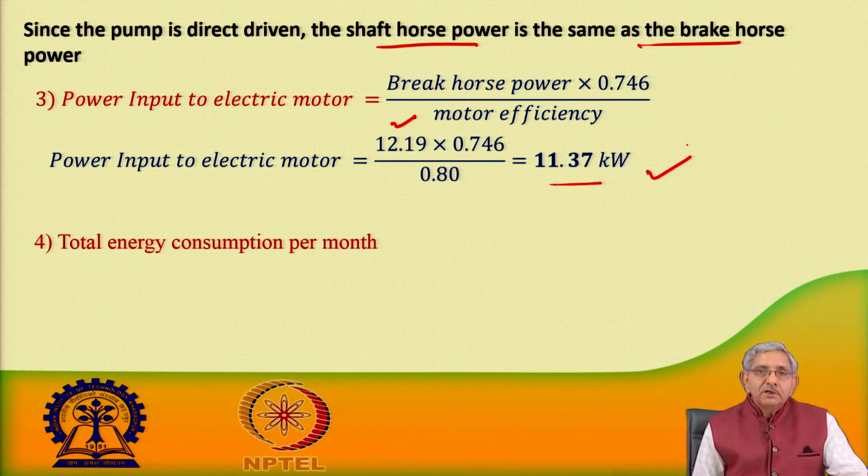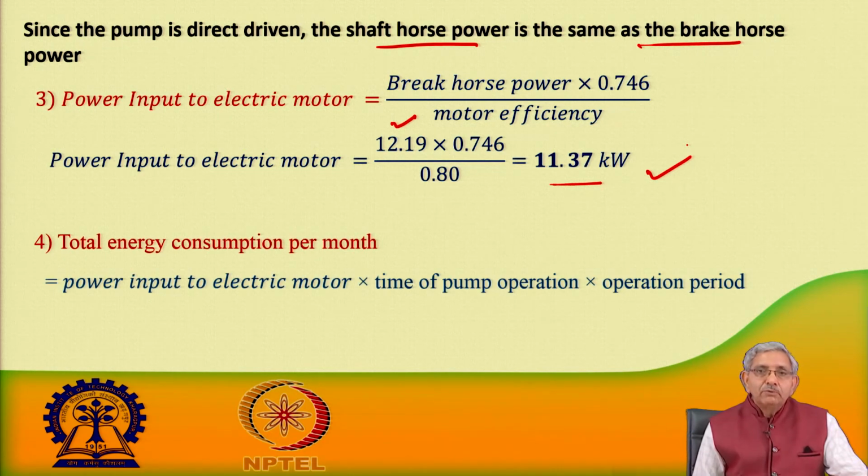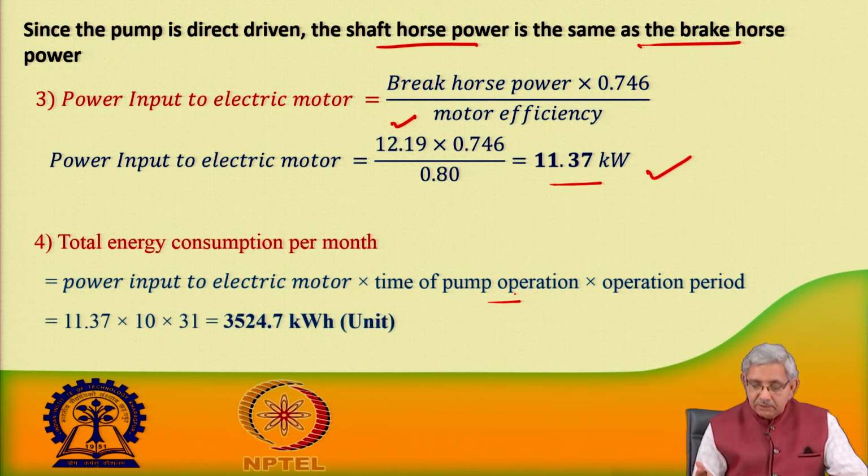Total energy consumption per month will be the power input to the motor, which is 11 kilowatts, multiplied by the time of operation of the pump. The daily time of operation is 10 hours, and the operation period is 31 days.